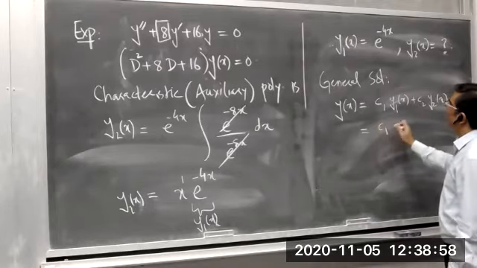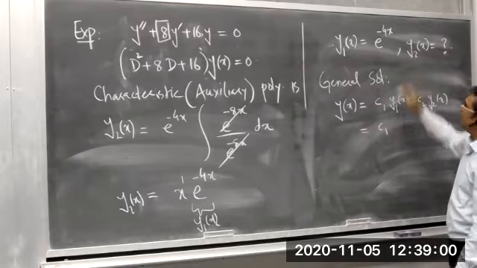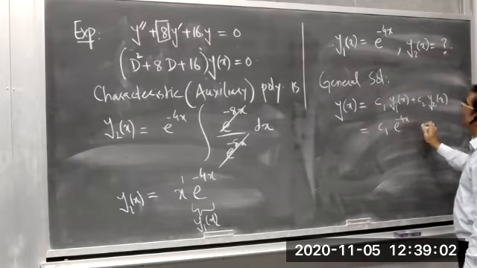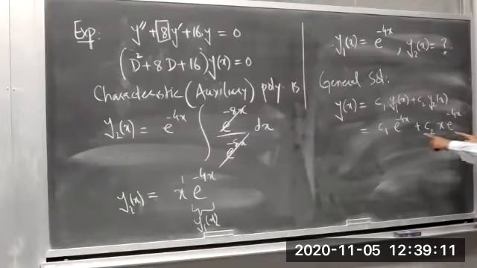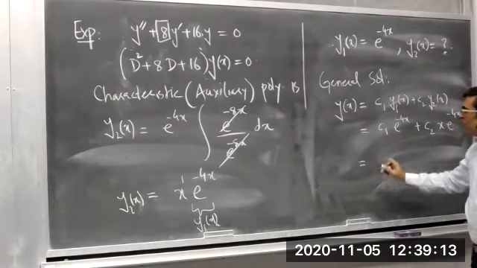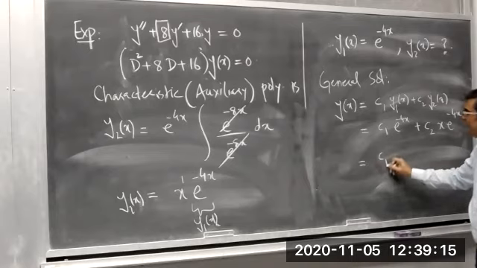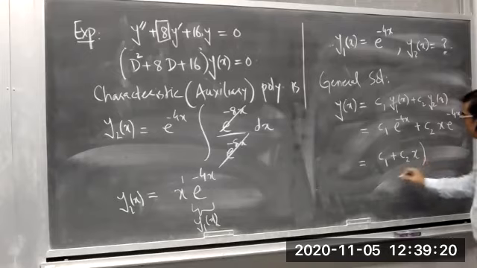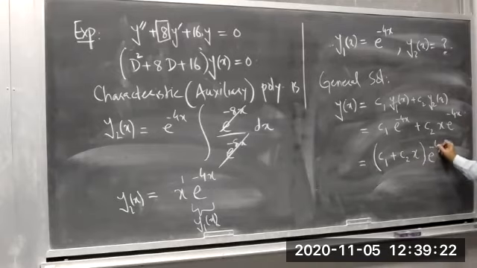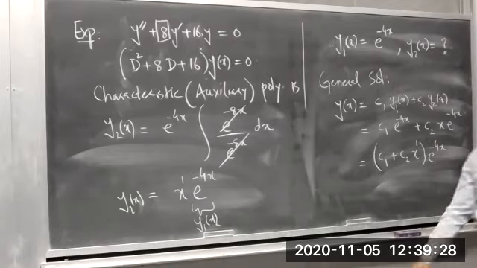Now c1 e raised power first solution is e raised power minus 4x plus second solution is c2 x e raised power minus 4x. Now e raised power minus 4x is common, in fact, in both these expressions. So we can write c1 plus c2x times e raised power minus 4x. Here we have this c2x power 1.